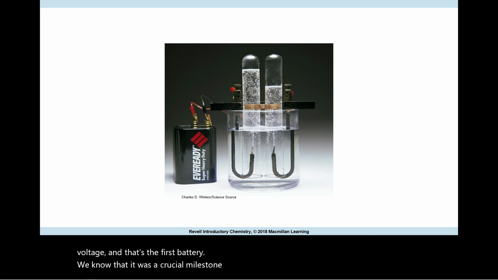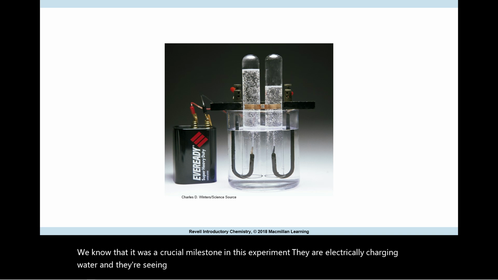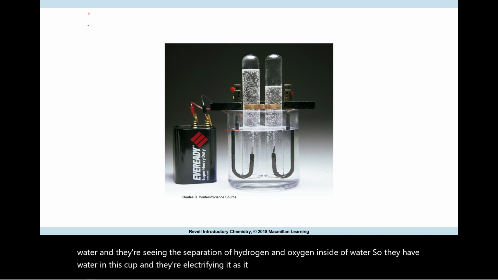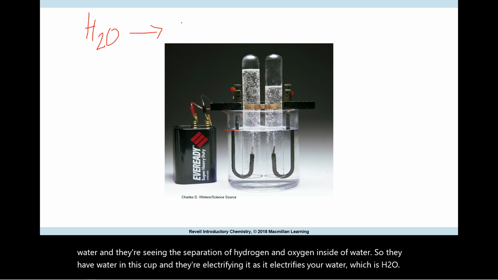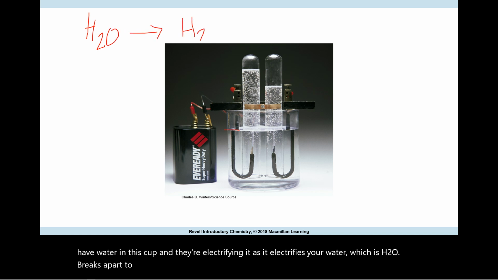In this experiment, they are electrically charging water, and they're seeing the separation of hydrogen and oxygen inside of water. So they have water in this cup, and they're electrifying it. As it electrifies, your water, which is H2O, breaks apart to give you hydrogen plus oxygen.